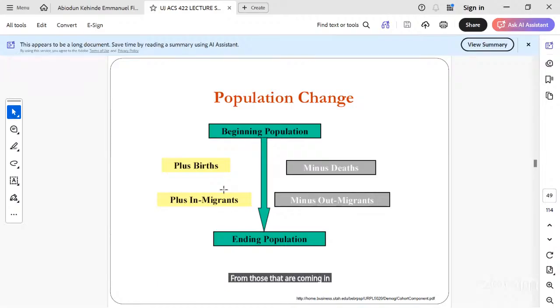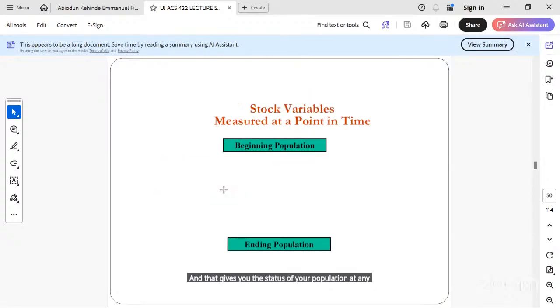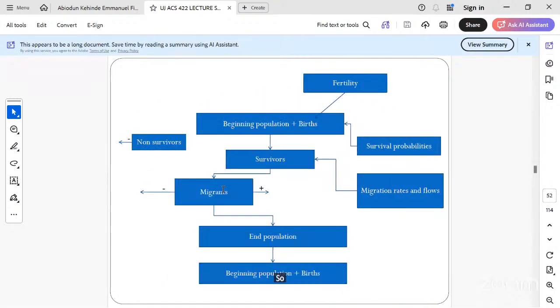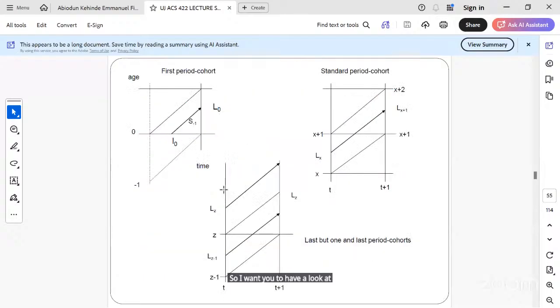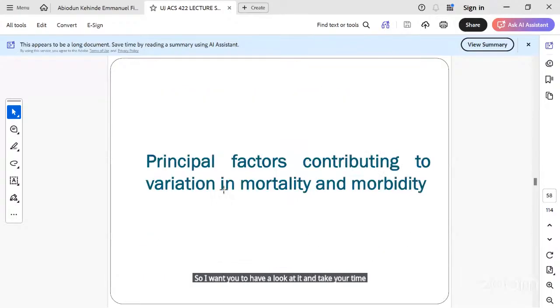You do all of those, and that gives you the status of your population at any given time. So I want you to have a look at it and take your time in understanding it.